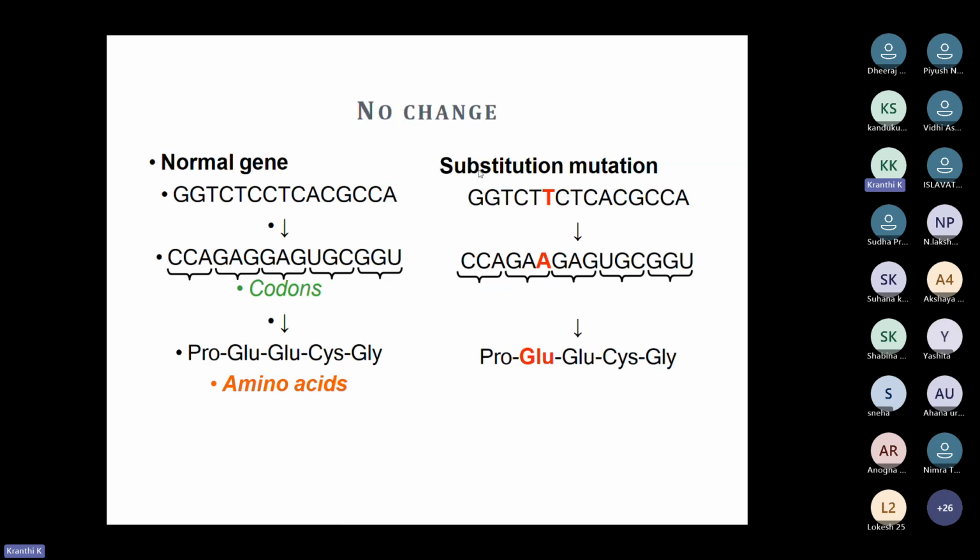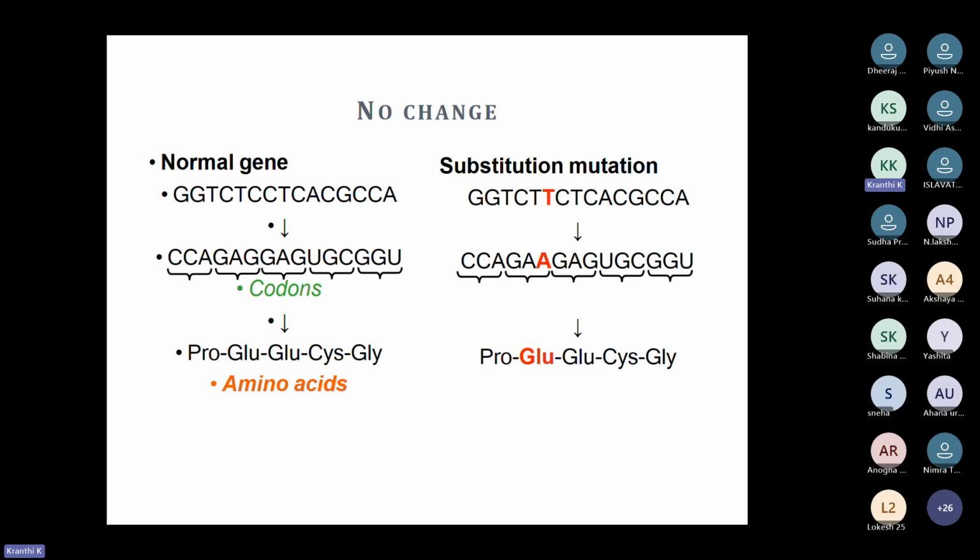See this example. These are the codons in the normal one. In the place of C, T came. This is also giving you glutamate only. Clear? Do you know about sense codons and nonsense codons?